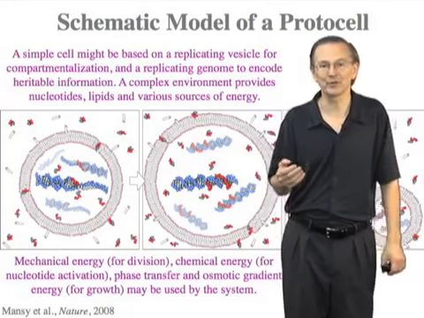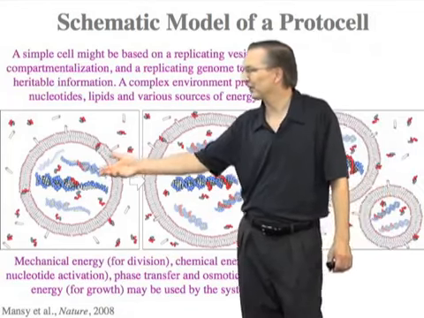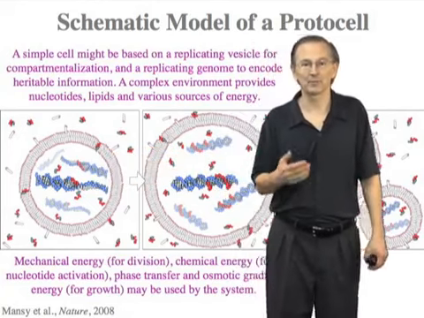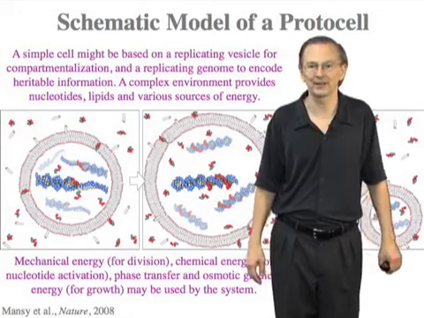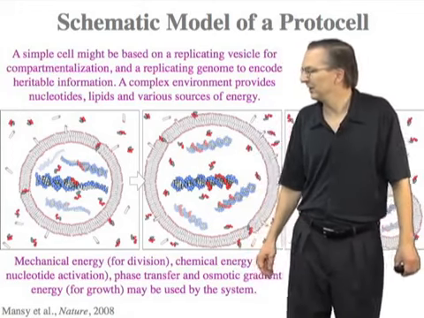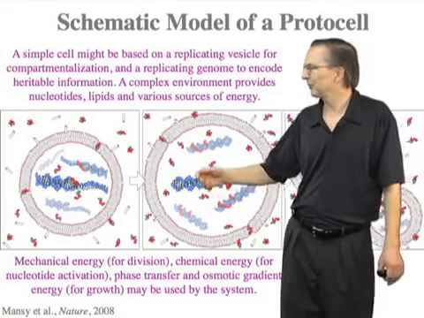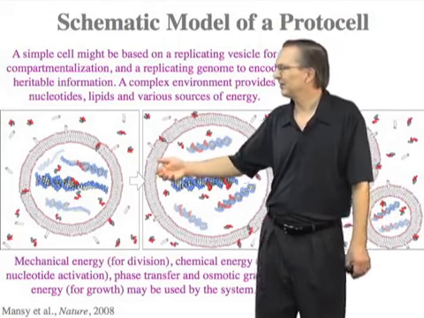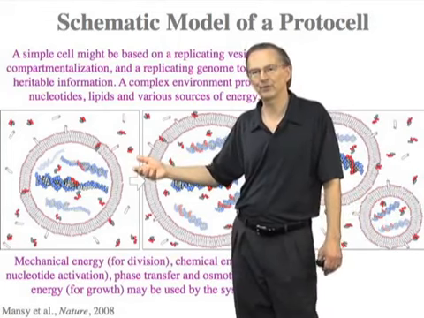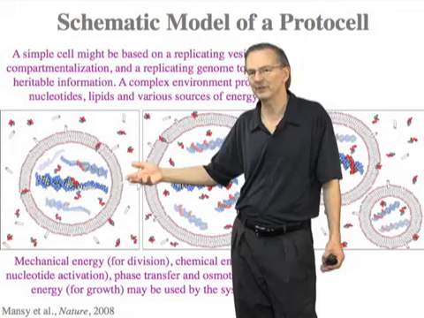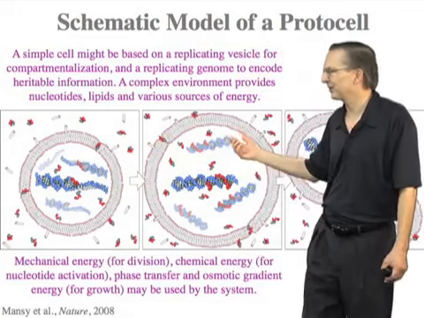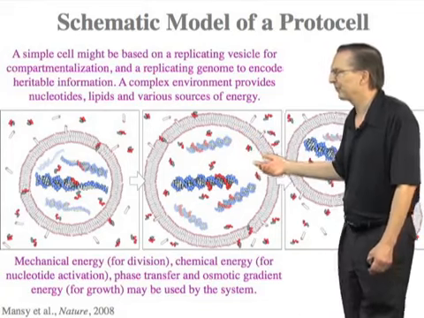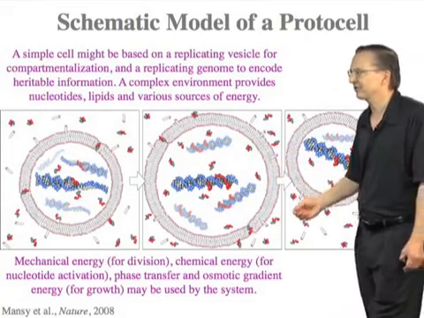And the most important of those would be genetic molecules, possibly RNA or DNA or maybe some related kind of nucleic acid. And what we would like to understand is how, in the absence of highly evolved genetic material, this membrane compartment could first grow and subsequently divide into daughter cells.